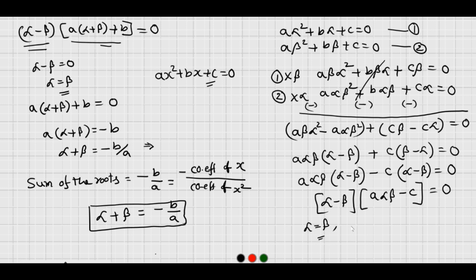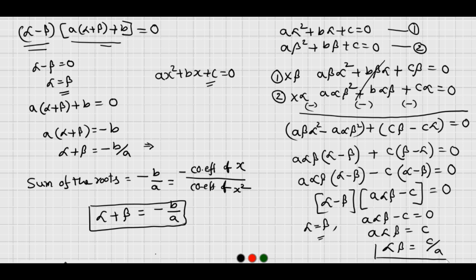So we don't get anything from here, because every time we'll take the other term here. So a alpha beta minus c is equal to 0. That means a alpha beta is equal to c, right? Alpha beta is equal to c by a.